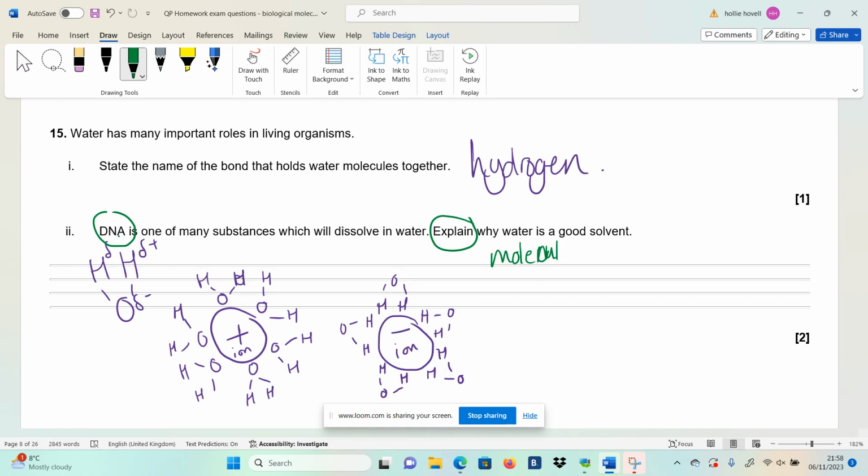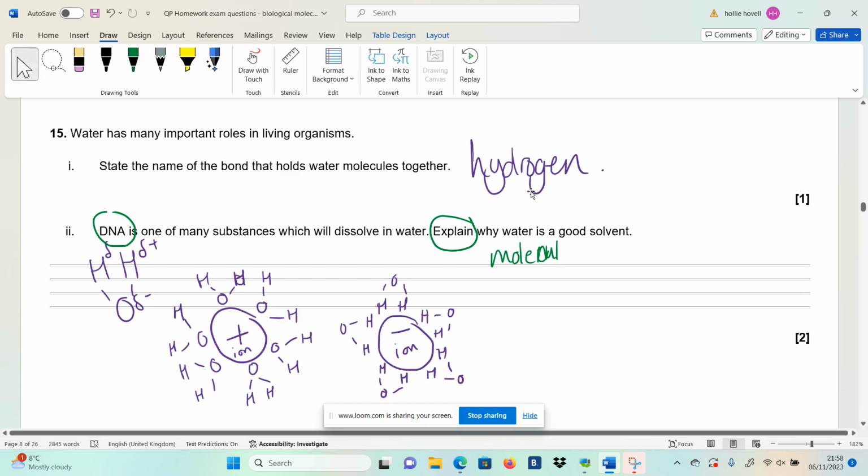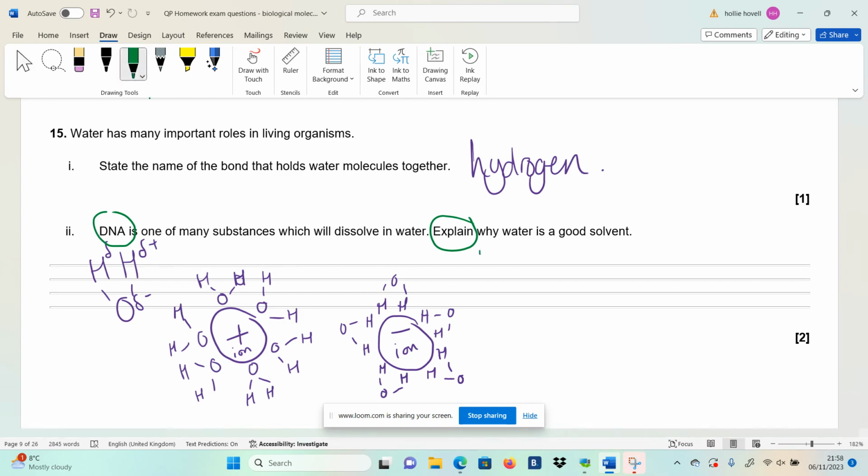So the molecules are polar. That's the reason why things dissolve in water, because the water molecules are polar.